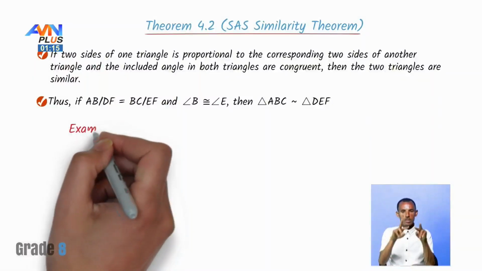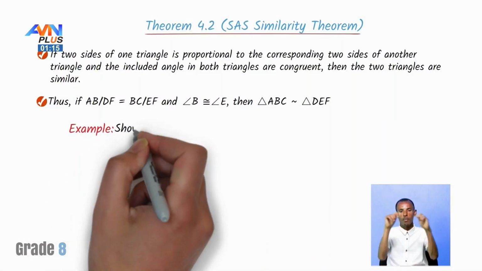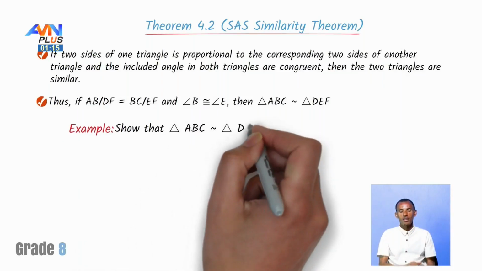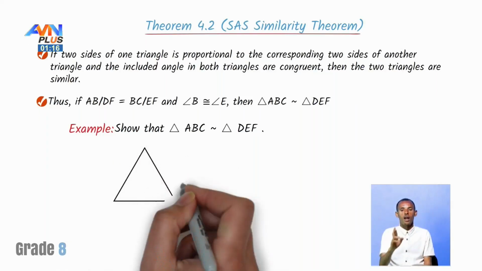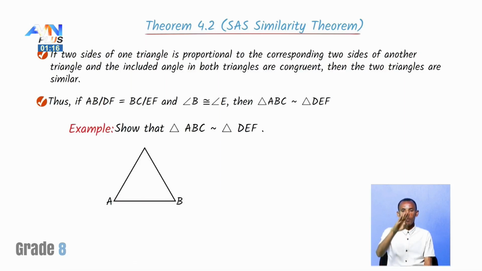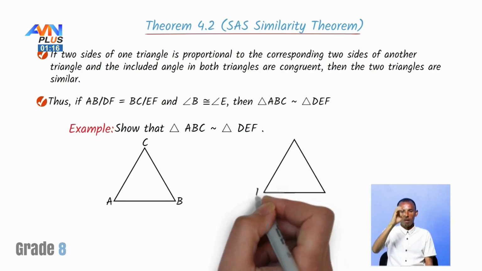A simple case of this theorem is, consider this triangle. Show that triangle ABC is similar to triangle DEF, where the two triangles are, say, ABC, and the other triangle is DEF.